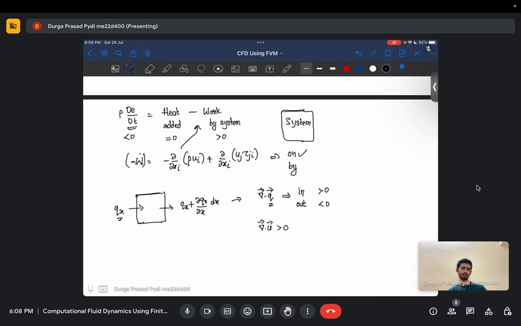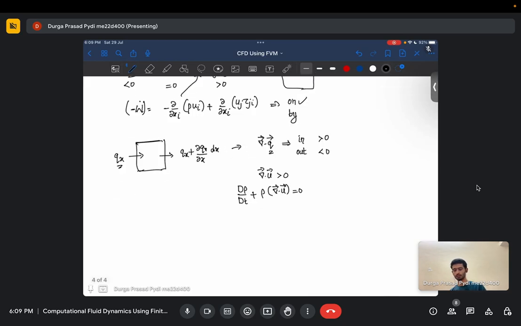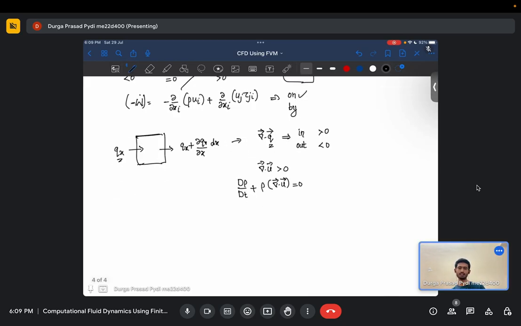Coming in. Okay, if you recollect the previous equation, the original conservation of mass: material derivative of rho plus rho times del dot U equals 0, right? This is conservation of mass. From this expression, if del dot U is positive, then for the total equation to be 0, the other term should be negative.